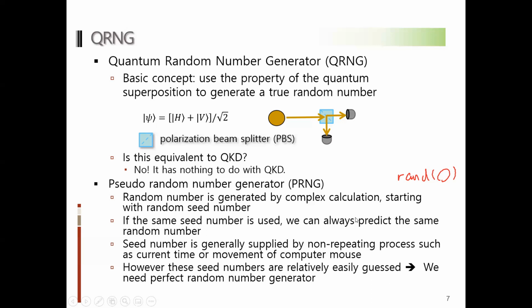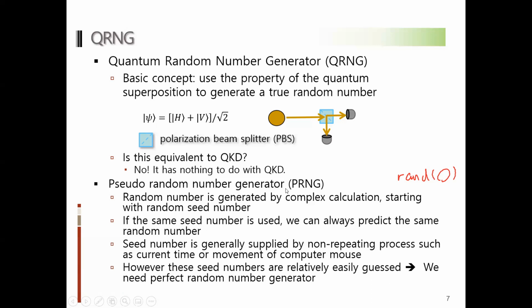Many security experts guessed that the NSA probably had a good way to guess the seed number for the pseudo random number generator.